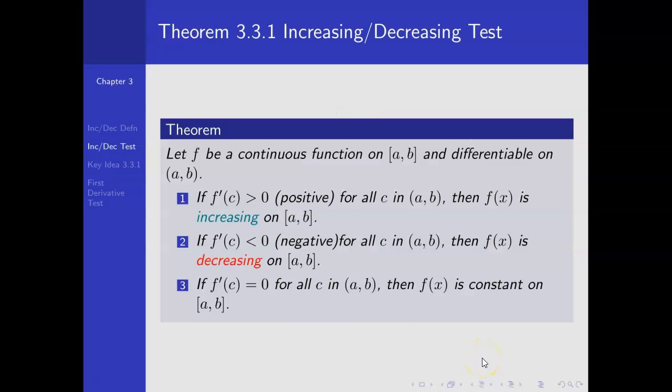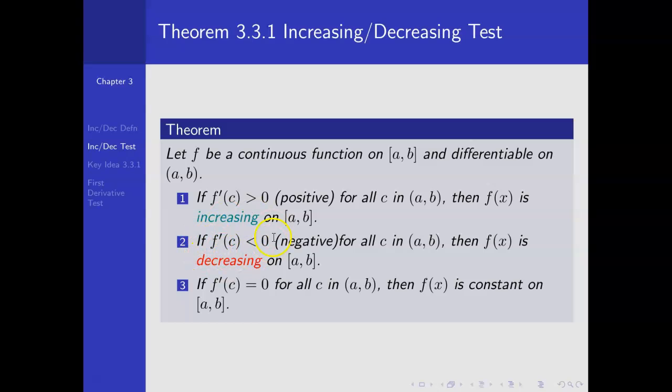Okay, so now we come to the increasing-decreasing test, which says that f is continuous and differentiable. We have to be able to find the derivative. That's what differentiable means. If the derivative is positive, f prime of c is greater than 0 in the interval, then f is increasing on the interval.